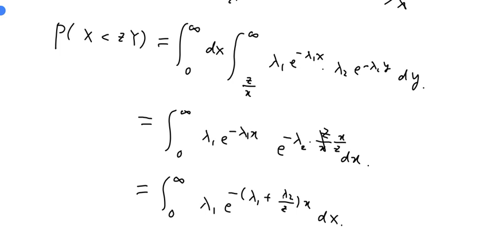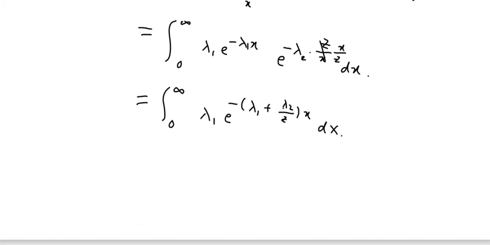Okay, so this one we can integrate out. Here lambda 1 plus lambda 2 over z is a constant. So integrating out gives 1 over lambda 1 plus lambda 2 over z.